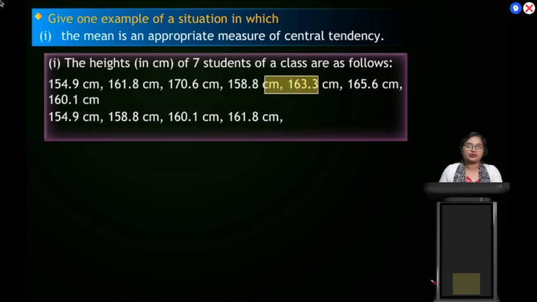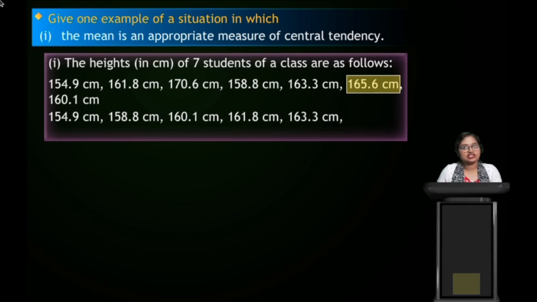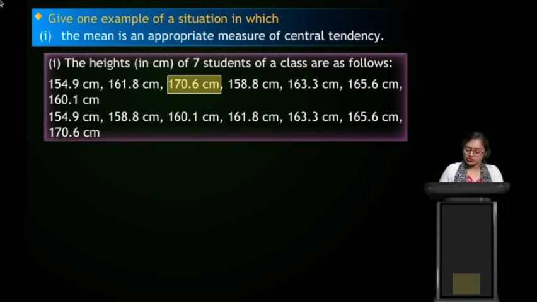Then what about the next value? Yes, it is 163.3 centimeter, and the next value will be the 165.6 centimeter, and the last value will be 170.6 centimeter. So children, so these two are the extreme values here.